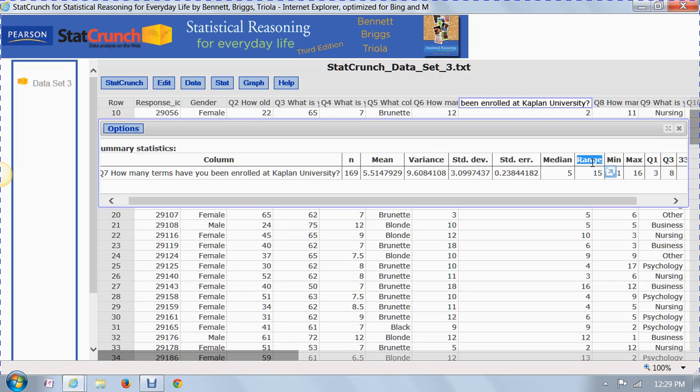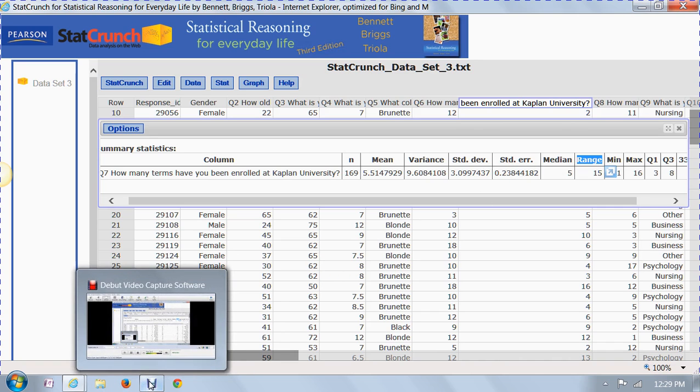And that is the range of the data. The standard deviation is the range over 4. And so if we took 15 divided by 4, that would give you 3.75. That is an estimate of the standard deviation of the data.